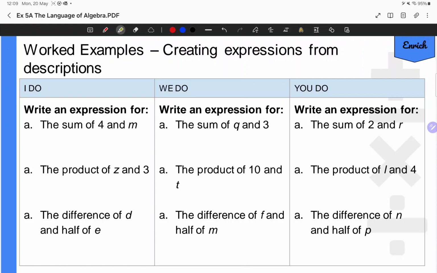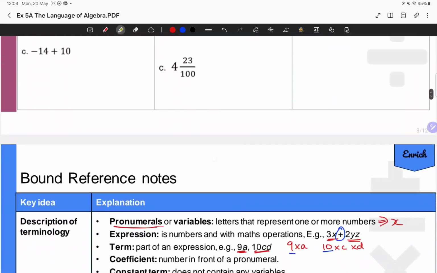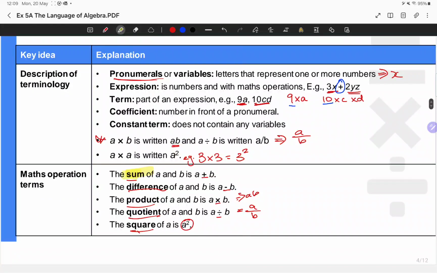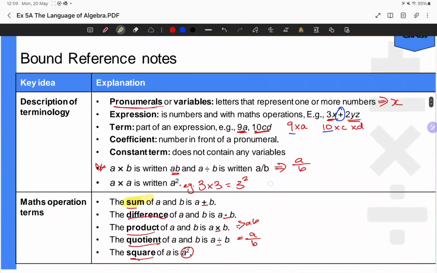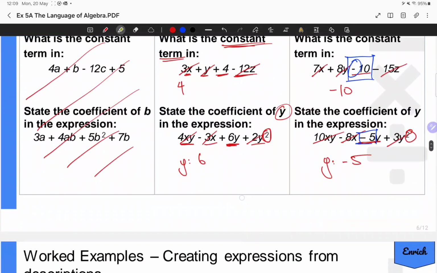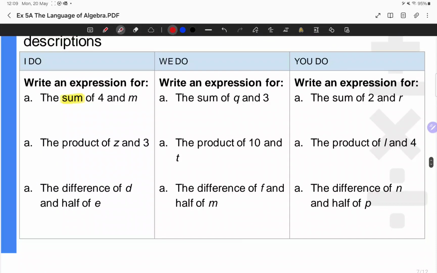The first part says the sum of 4 and m. The keyword here is sum. If we go back to the top, we said, okay, what is sum? Sum means plus. So if we sum them together, it's going to be 4 plus m.